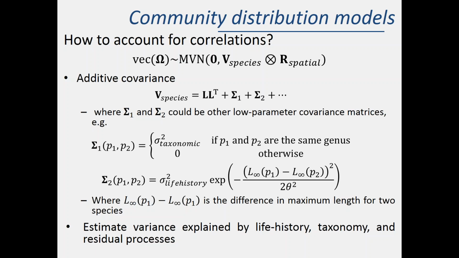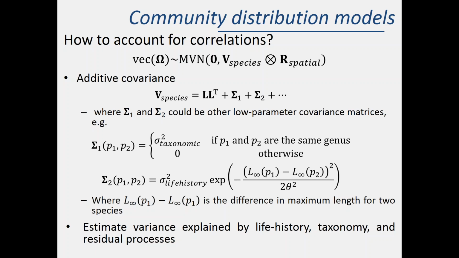So just as one example, this is the only slide I'm going to have about additive covariance and strength of evidence, variance partitioning. But you can imagine that the covariance among species has this factor model, this loadings matrix times its transpose, plus another hypothesis, plus another hypothesis.